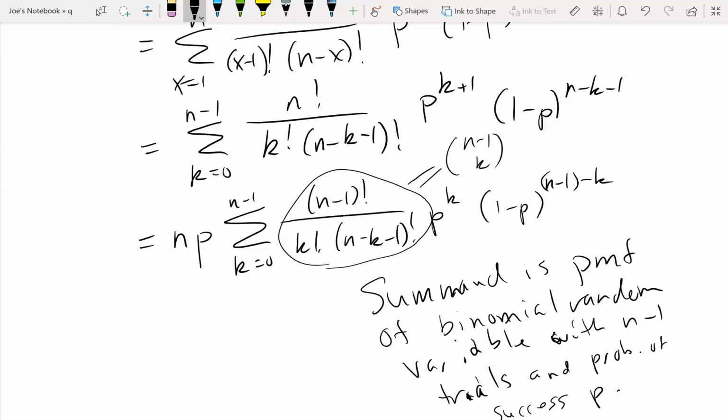So the summand is a PMF, and I'm summing it up over all the possibilities. So what does that sum have to equal? Well, it has to be 1. So what do I get for a final answer? np.